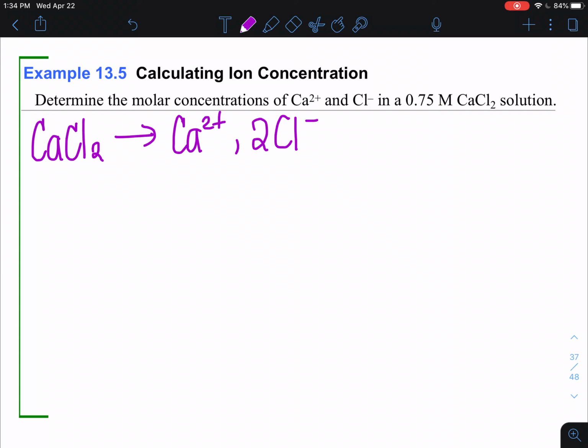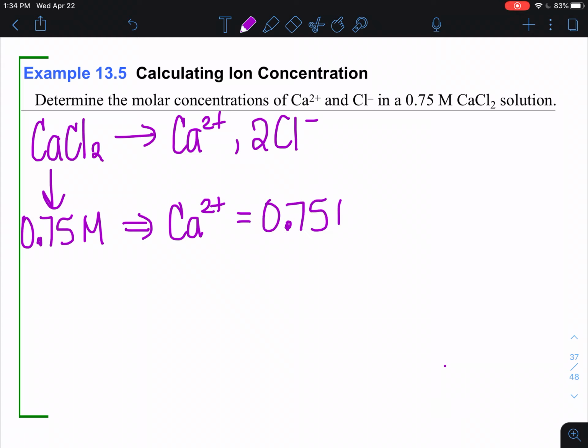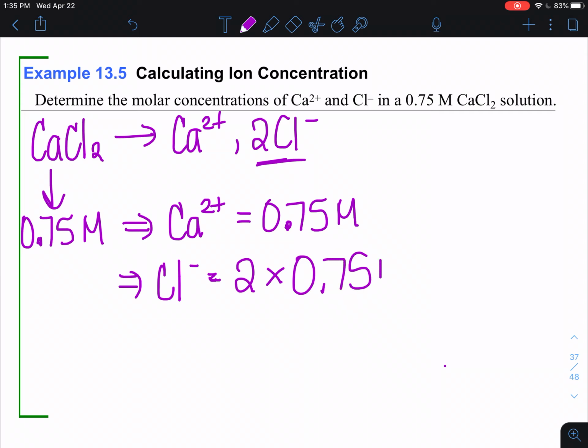So if the concentration of this calcium chloride solution is 0.75 molar, then the concentration of calcium 2 plus is going to be 0.75 molar in the same solution, and the concentration of chloride is going to equal, because there are 2 chloride anions, 2 times 0.75 molar.